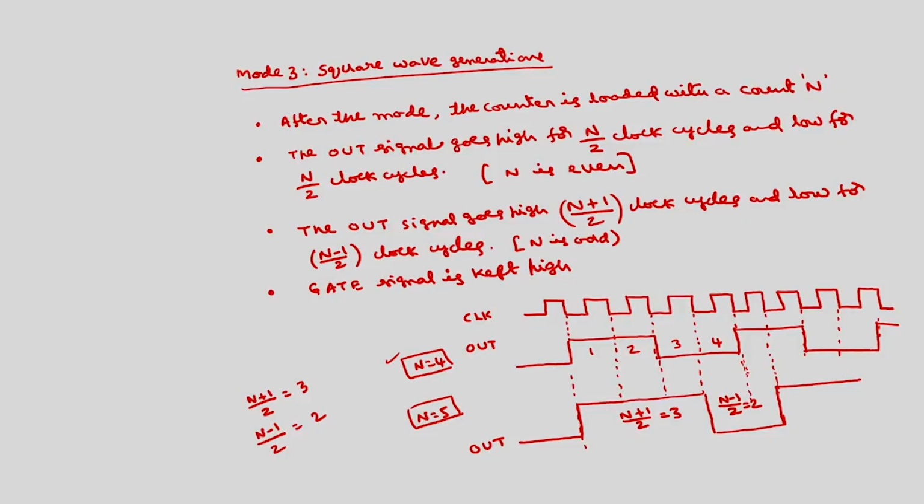Okay. So if I write a program, let us take an example. Generate a square wave with a frequency of 1 kilohertz using 8254.